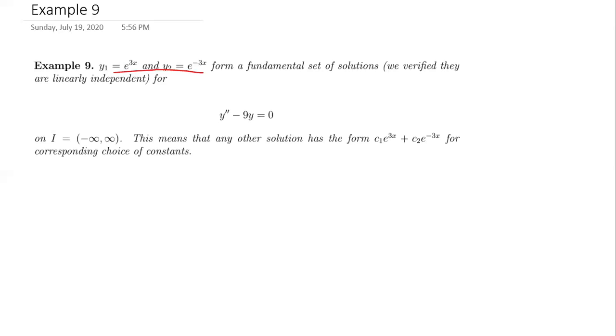So we have a second order ODE. We have two linearly independent solutions on I. So by definition, they form a fundamental set of solutions on I for this differential equation. What does this tell us?